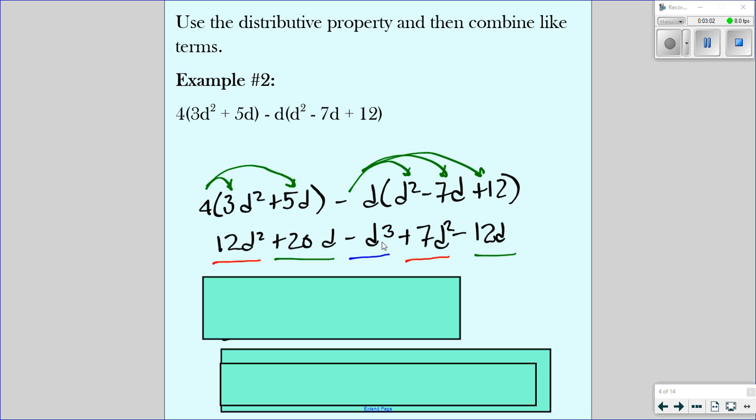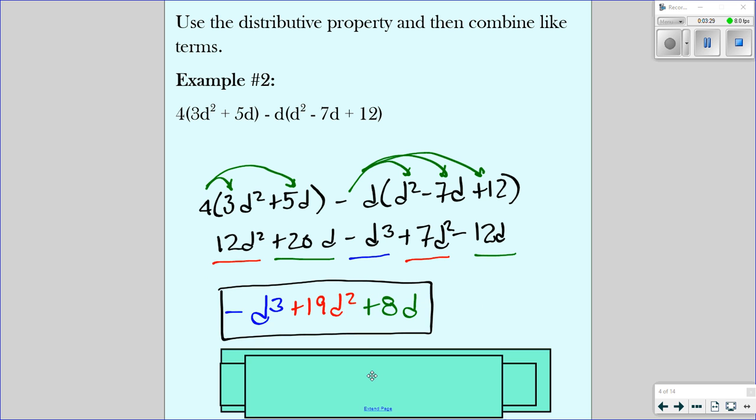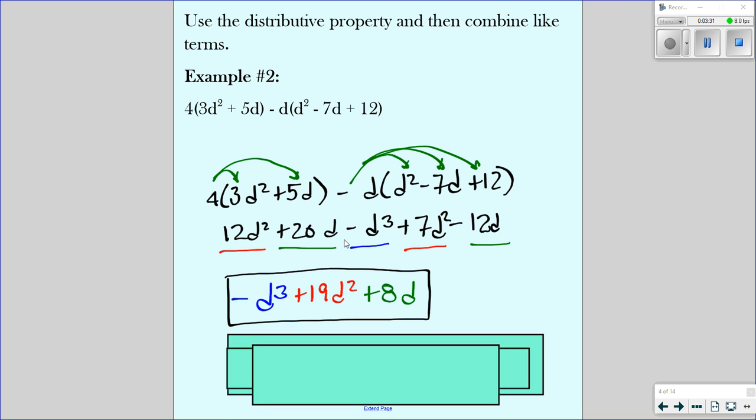So notice that I'm distributing the negative d to each term inside the parentheses. So then I got negative d to the third, positive 7d squared, and then negative 12d. So again, if you have the same base, you add the exponents. You've learned that when we were doing multiplying monomials. And then just to make it easy for myself, any like terms, like anything with d squared, anything with d, or d to the third, I just color code it, so that way when I put it in standard form, everything will be all put in place, and there will be no mistakes.